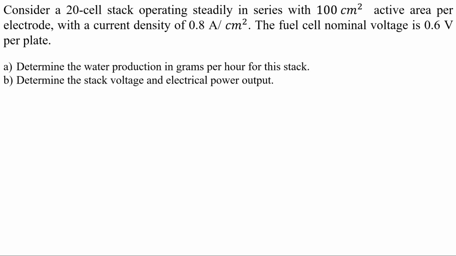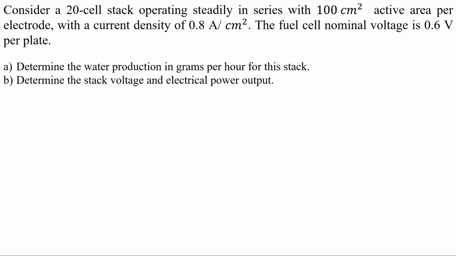We have a 20 cell fuel cell stack. There are 20 cells combined in series in order to form a fuel cell stack with 100 centimeter square active area per electrode, and the current density is 0.8 ampere per centimeter square.